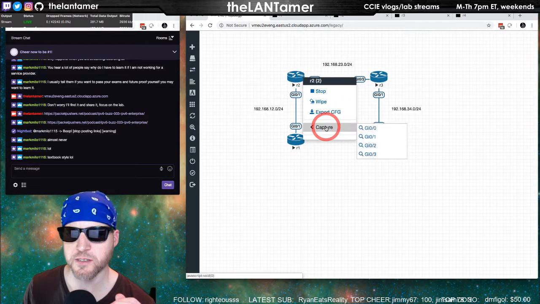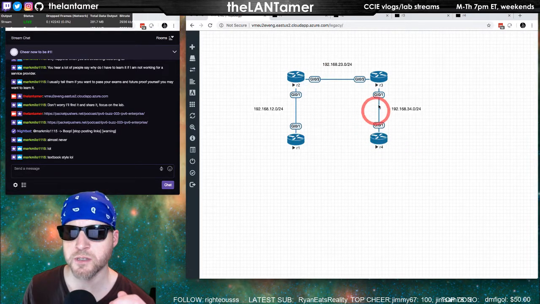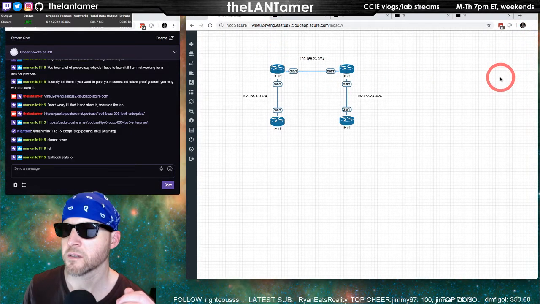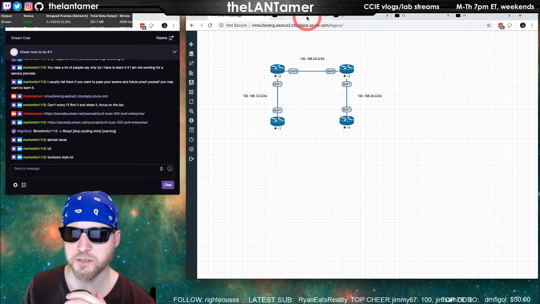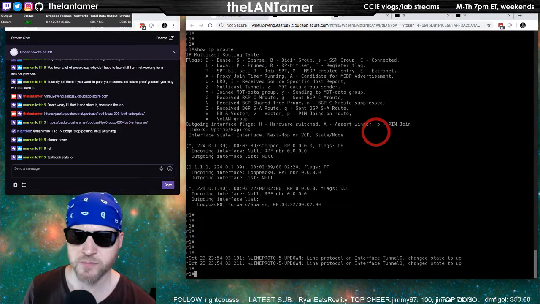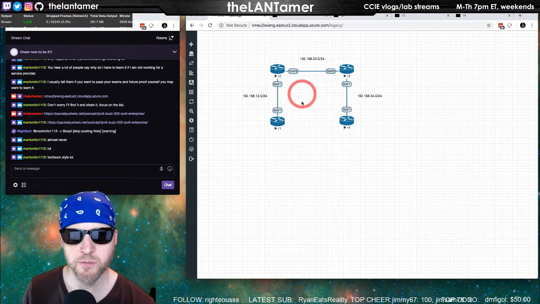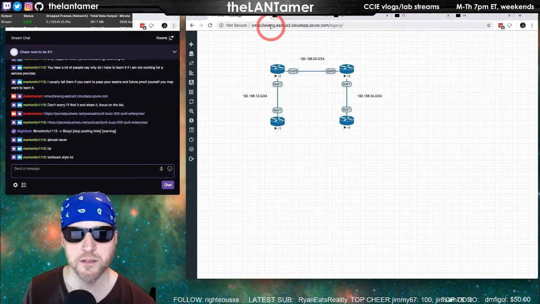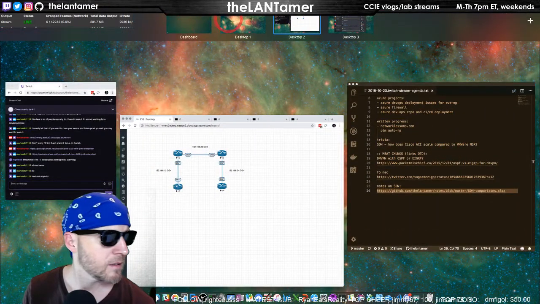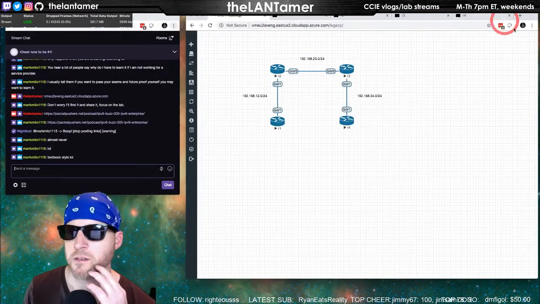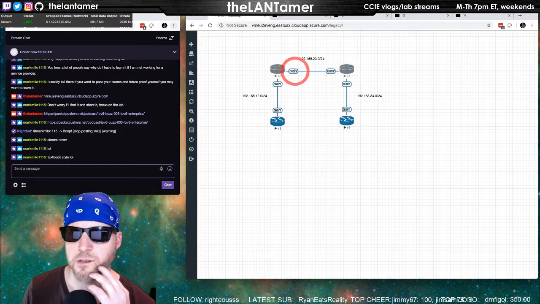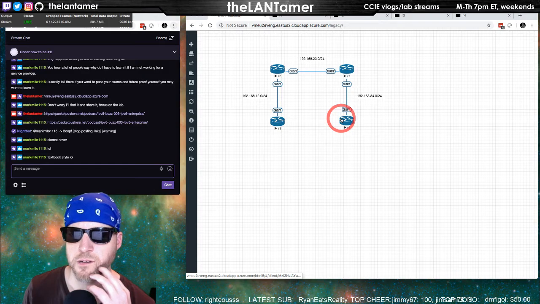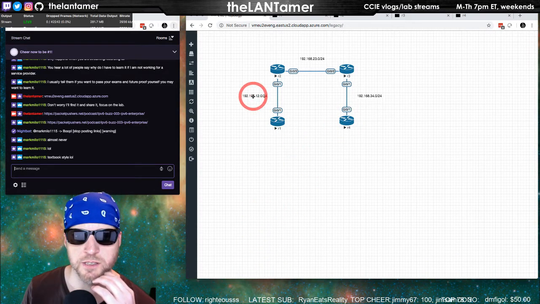And my Wireshark did not start. Hold on. Oh, I have to do this differently, don't I? In Community Edition, I don't remember. It's trying to launch the window, but it can't.